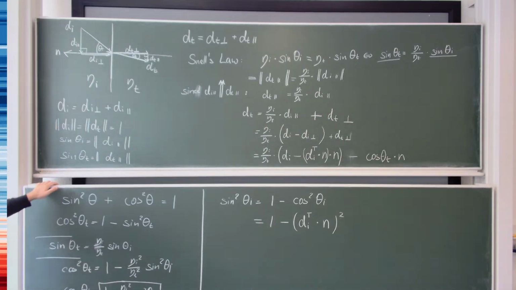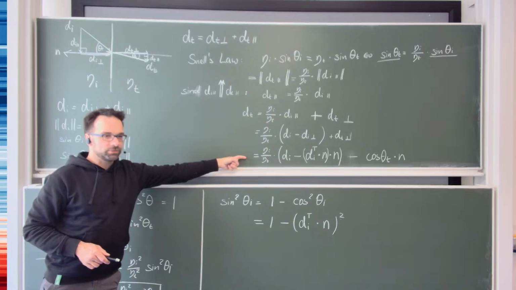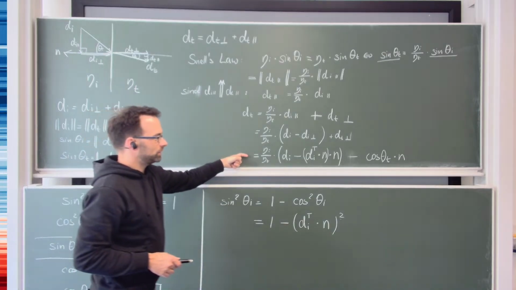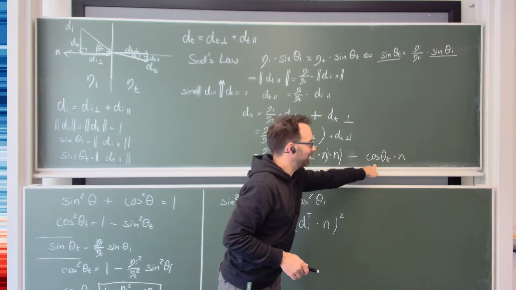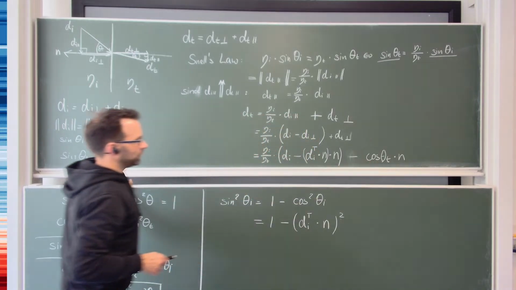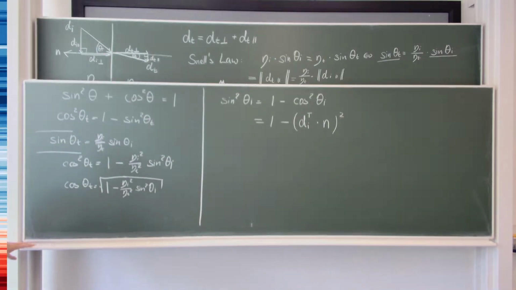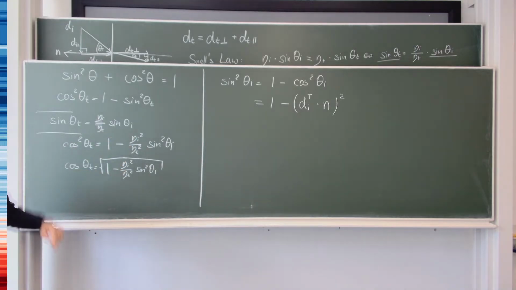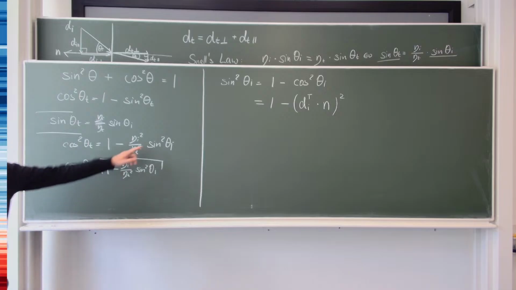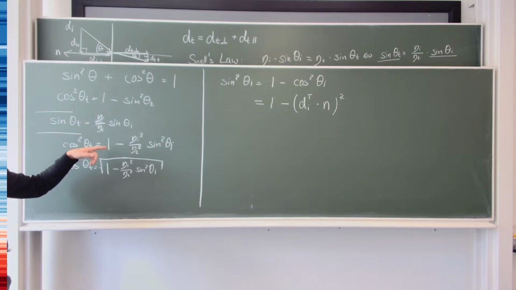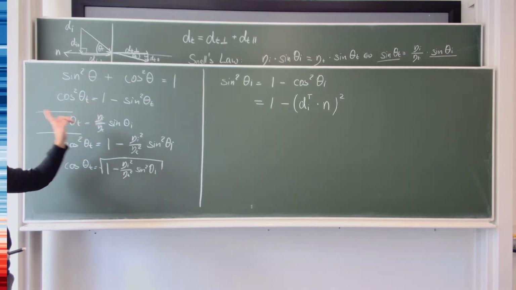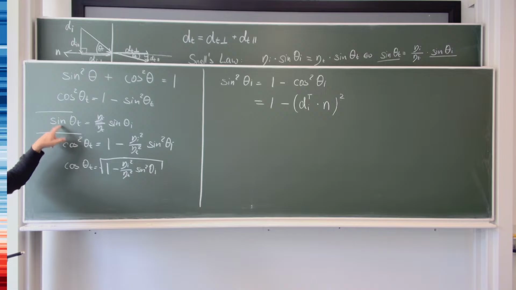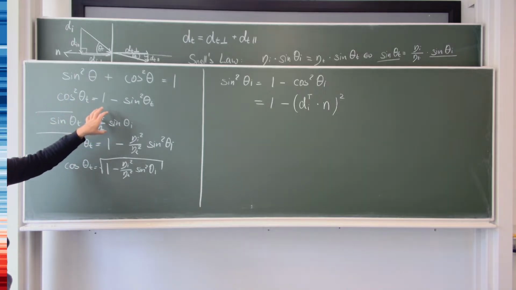That is the direction of the transmission ray. In order to get the direction of the transmission ray, you need to know cosine of theta t. Cosine of theta t is that square root. If I'm not mistaken, we need the squares here, right? Because I'm squaring the sine, and the one sine is related to which one? Yes, this sine is related to this sine, so we need to square both.